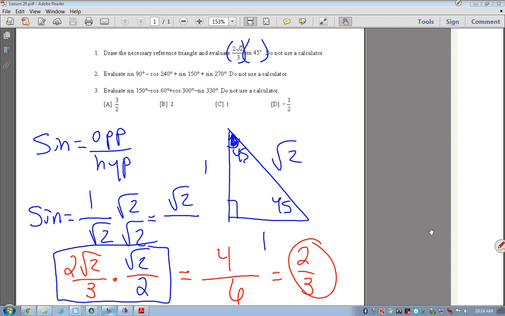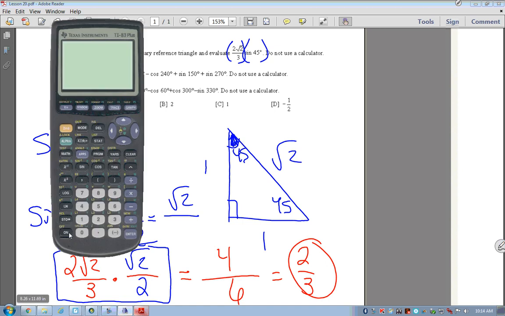Now, did we need a calculator to do that? No, but could I use a calculator to check it? Yes, we can. We do have to be careful because this is a complex numerator.